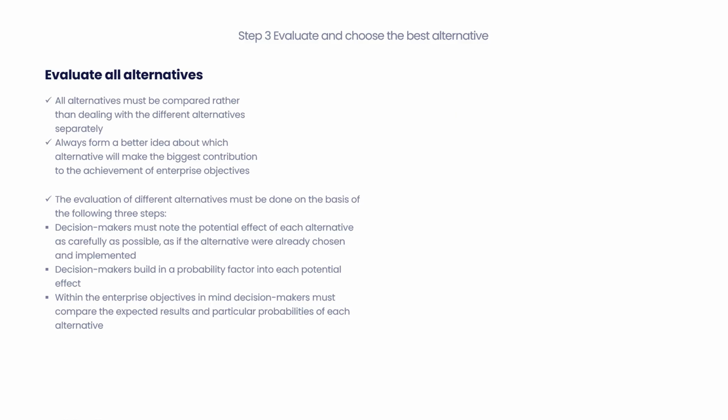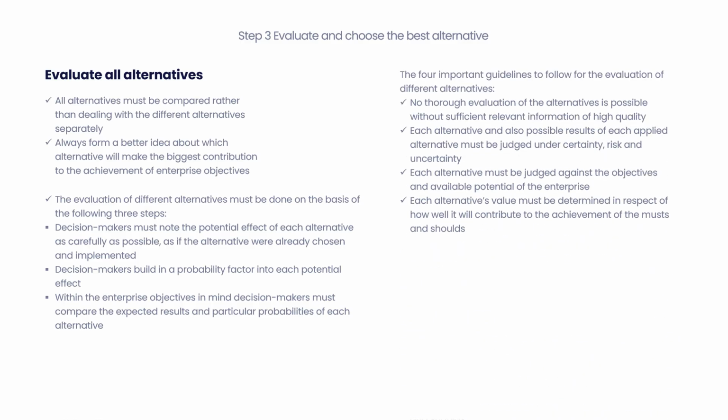And third, with the enterprise objectives in mind, decision makers must compare the expected result and the particular probabilities of each alternative. So we have different alternatives, but we must be informed how to take the next step to get the best alternative as a solution to a problem.